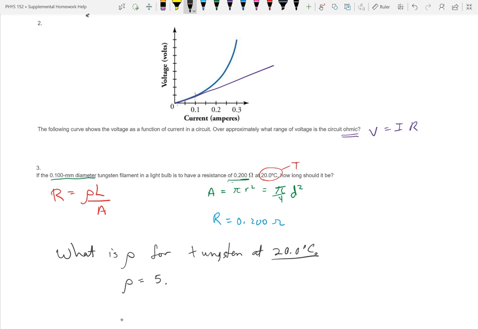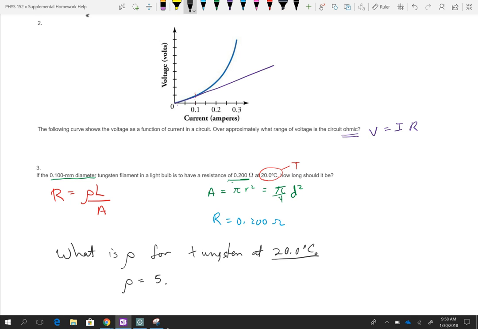Really? Because this says it's 52.8 ohm meters at 20 degrees Celsius. Why? Where's that in the book? I just went to the section they had. It could be wrong.